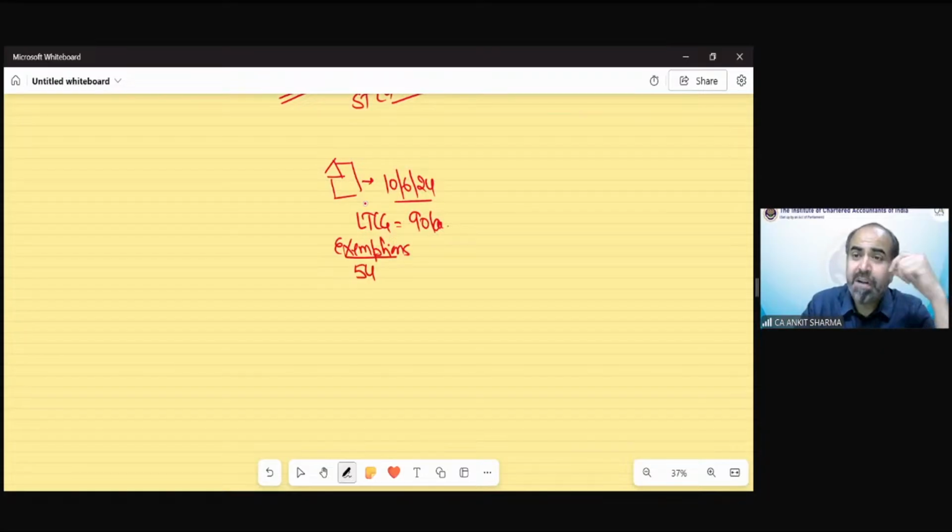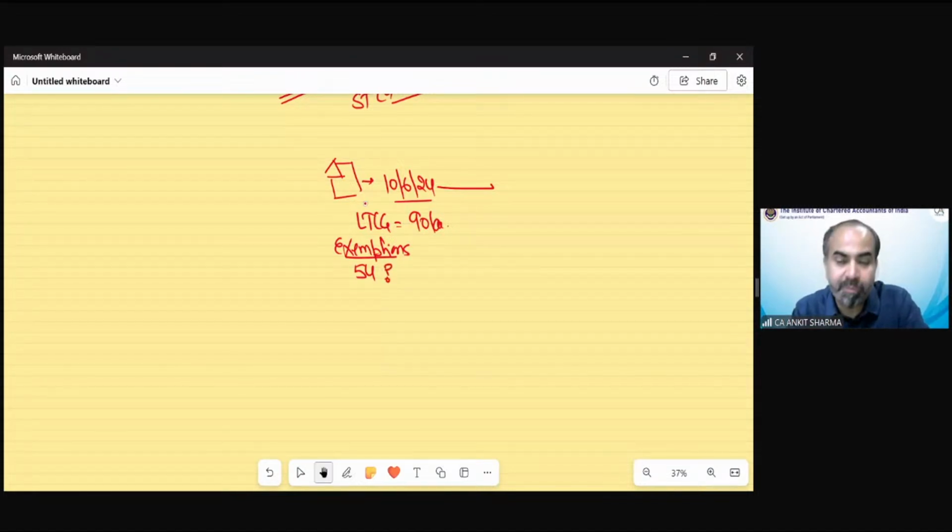So the exemption will depend on whether I am going to buy a house before 1 year from the date of transfer, or I am going to buy a house within 2 years. So suppose I have a plan to purchase a house within 2 years, that is after the end of my previous year, after 31st March 25. Then how will I decide whether I would be able to claim my exemption or not?